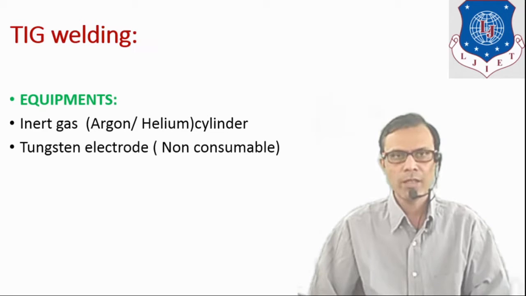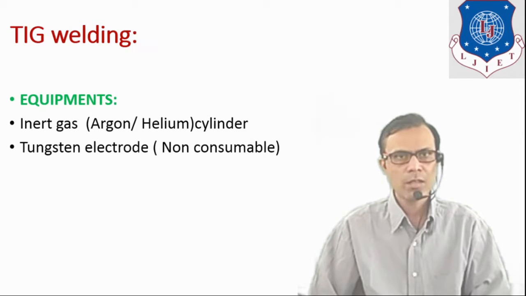The next equipment is the tungsten electrode. It is a non-consumable electrode. In this process, the arc takes place between the tungsten electrode and the workpiece. Generally, tungsten has a comparatively higher melting point than other metals.